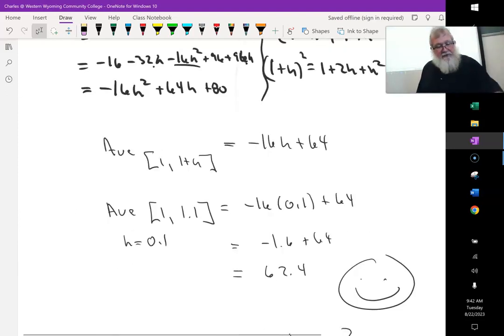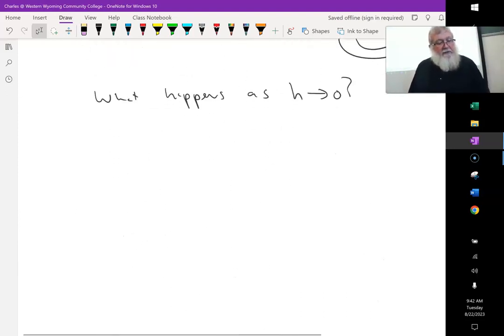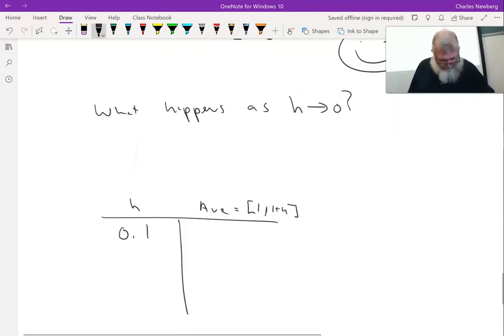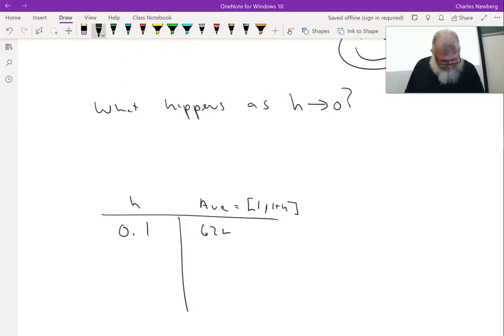All right, so let's start off with an h close to 0. Let's build just a little bit of table here. H, the average from 1 to 1 plus h. Well, we already put in 0.1, so let's rewrite that down. 62.4. Let's move in a little closer. What's smaller than a tenth?